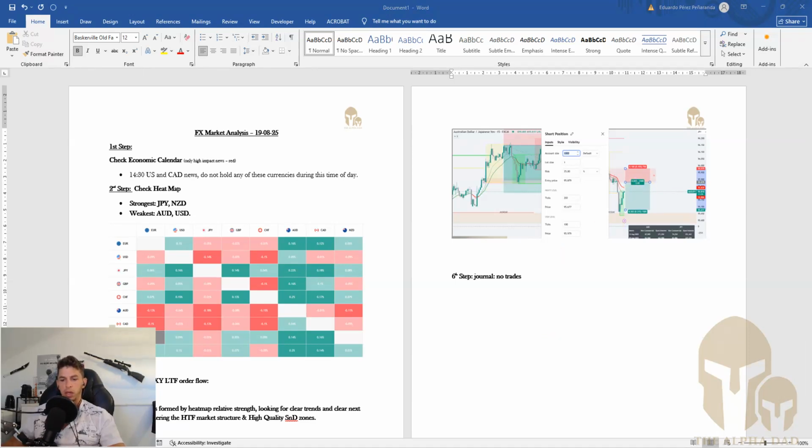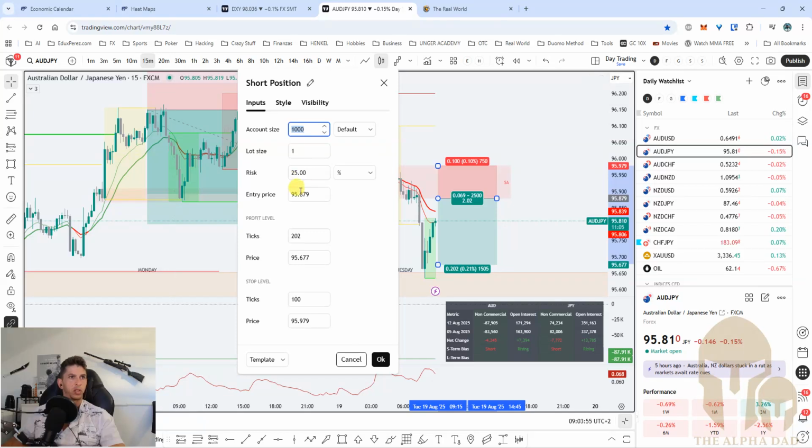Let's check the levels so you can see them. Entry price 95.87.9, stop loss 95.97.9, and take profit 95.67.7.